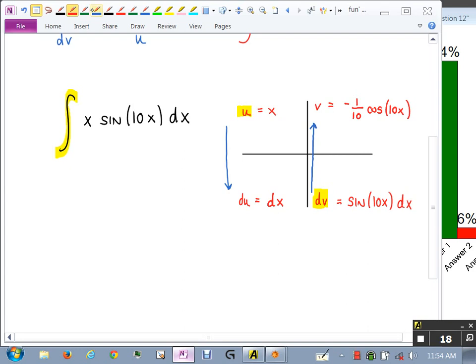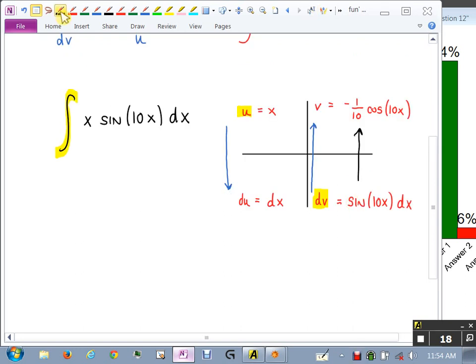Now, I will state that going from here to here might, for you, be something that you do on the side. You just move away from your work, get a piece of paper out, and do your integral. You might not be at the point where you can do this mentally yet, which means you probably haven't done enough problems, because there's a pattern to these after a while when you're doing antiderivatives of sines with linear things in there.